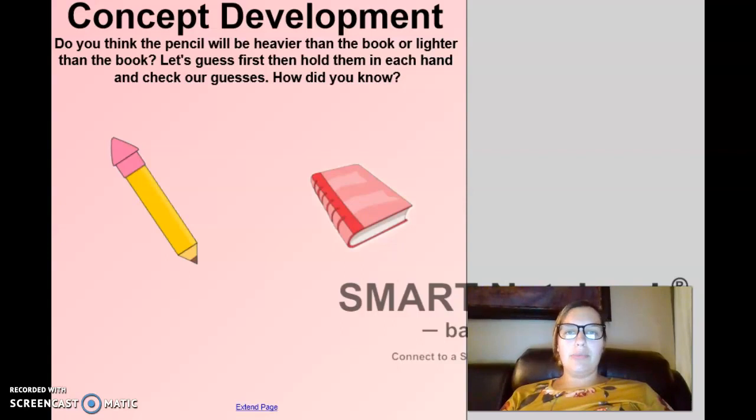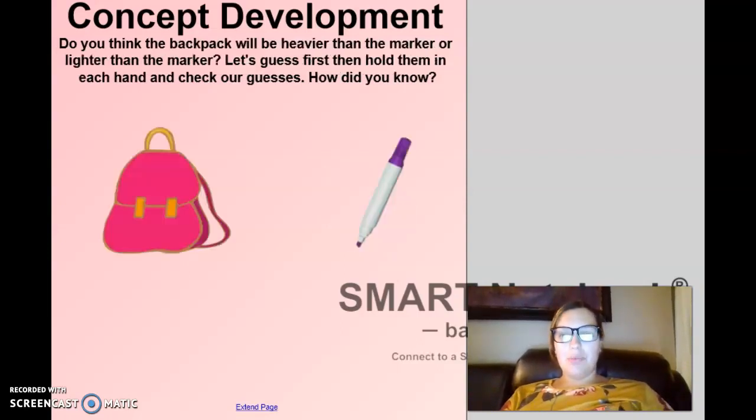And I want you to tell me if you think the pencil is heavier than the book by putting your hands on your head, or if you think it's lighter than the book by putting your hands on your nose. The pencil is lighter than the book. The book is going to be heavier than the pencil. Great job. We have 3 more questions, okay?